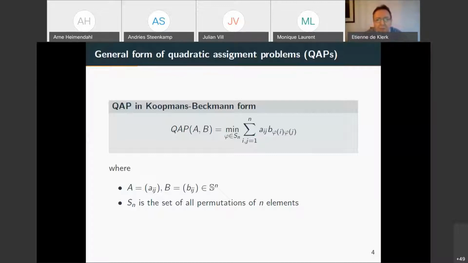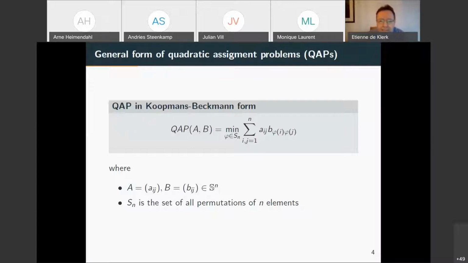It was first studied by the Nobel Prize winner Koopmans, I think, in the context of facility location problems. But it has several other applications. We will see later in this talk an application from physics, and it also models other combinatorial optimization problems. It generalizes, for example, the traveling salesman problem.